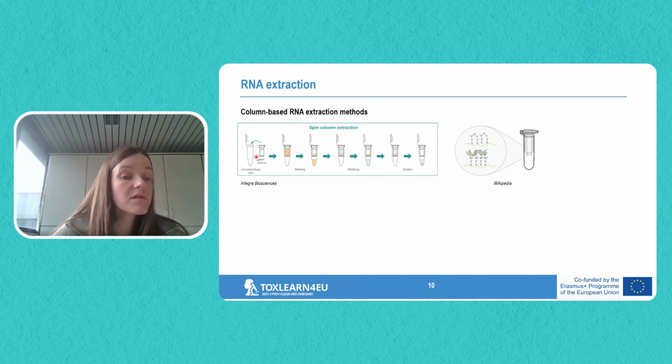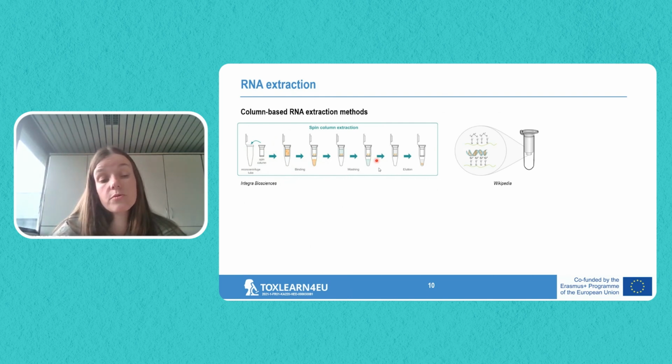At the bottom of this column, you have a silica membrane, which is used to bind the RNA. So you will first homogenize your sample and lyse the cells, and here in this solution, these little orange stripes are the RNA. You will add your solution onto this column, then centrifuge, and you can see that the RNA is bound to the column, and all the rest of the solution goes through by centrifugation.